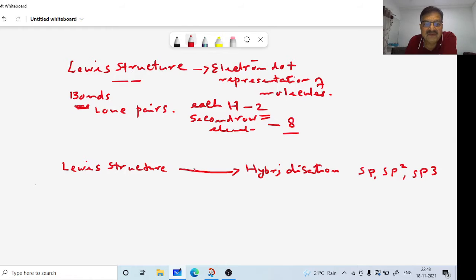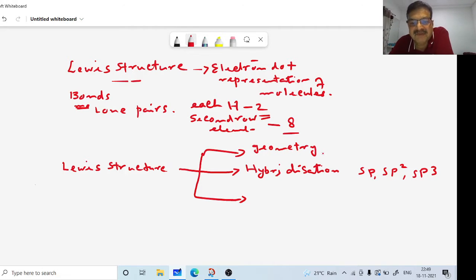Now what are the other properties? Besides hybridization, another one is the geometry of the molecule. The geometry of the molecule means the spatial arrangement of atoms in a molecule.